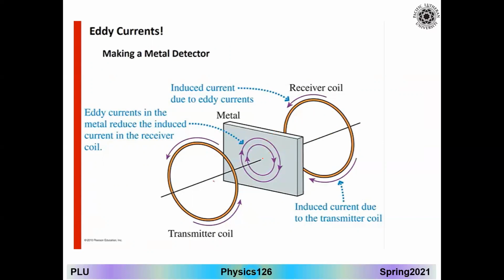That eddy current will decrease the induced current in the receiver coil. Since the current inside the receiver coil is reduced, we know that something has happened, maybe a piece of metal is located between those two. This is one application, the metal detector.